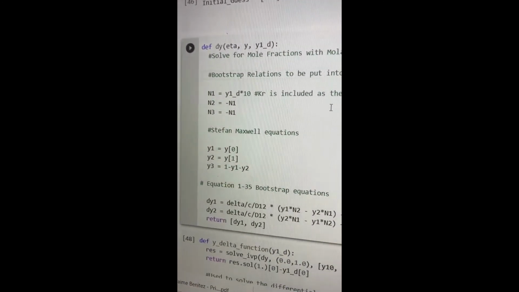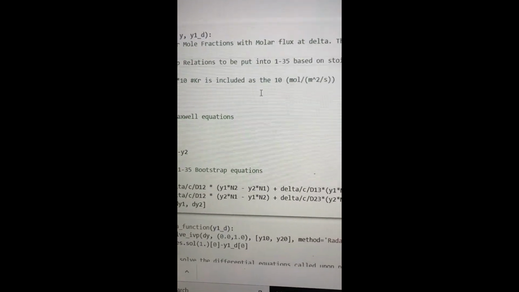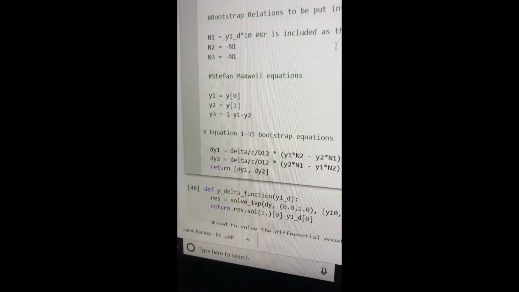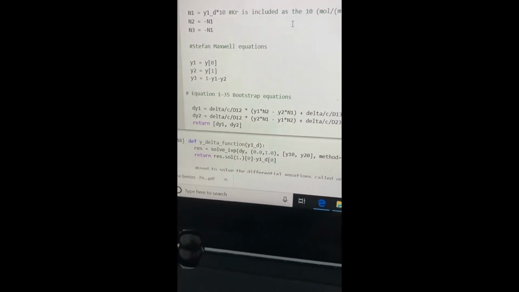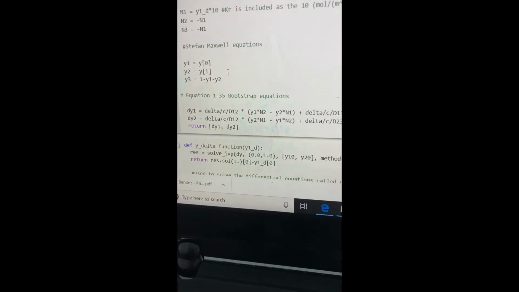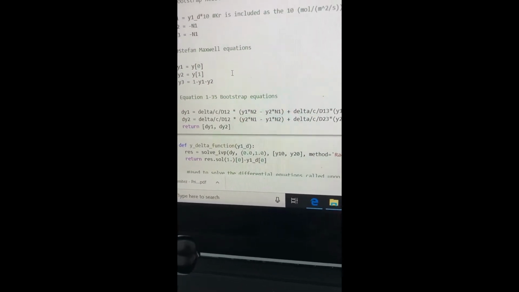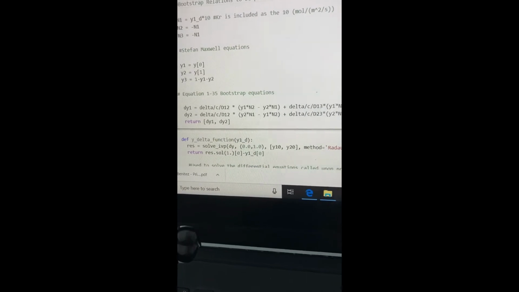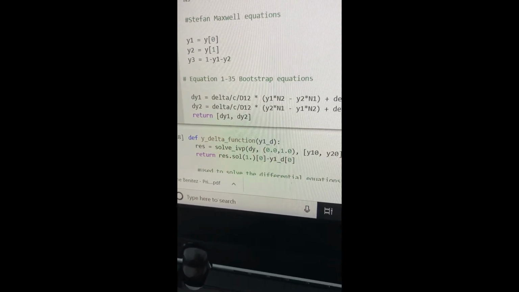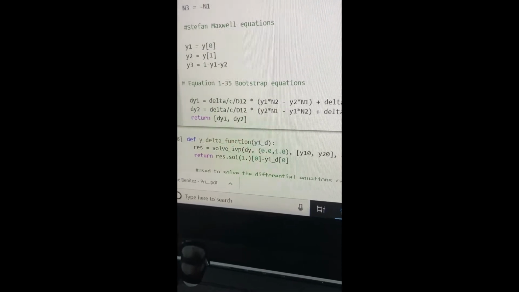We also have the 10 as the rate constant. That'll be 10 moles per meter second squared. So that's also included. Next, we have the Stefan-Maxwell equations, and that's just going on over here, initializing those variables. And then additionally, we have these equations down here in order to solve these variables and these values.